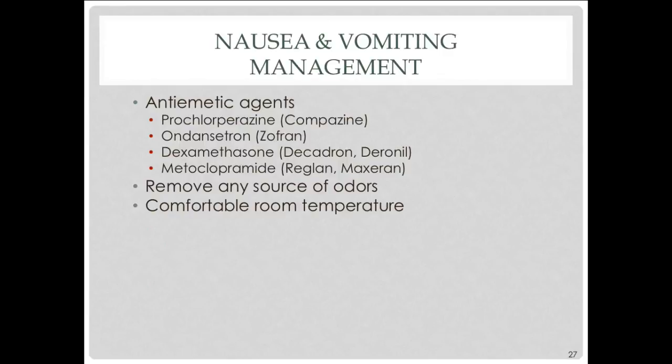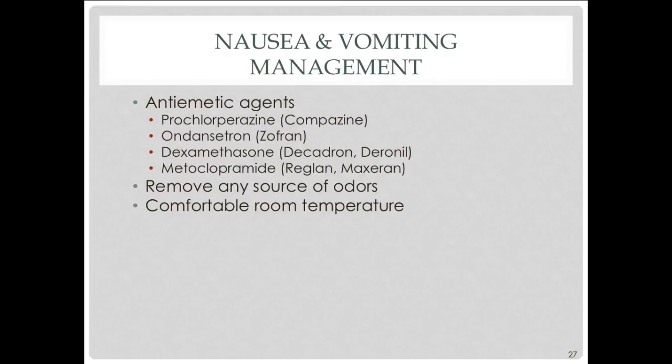So then there can also be some nausea and vomiting at end of life, and this is usually with clients that have AIDS or breast, stomach, or gynecological cancers. There are a lot of antiemetic agents that should be familiar to you that can be given in many different ways.